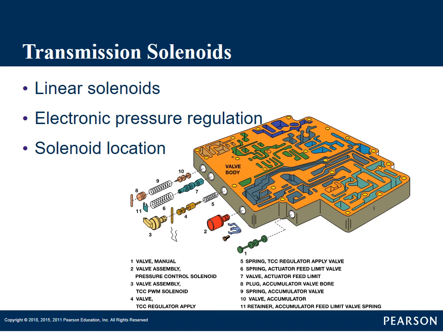We need this hydraulic fluid flow to be correct, properly applied, and properly regulated, to get our shift points where they're supposed to be, and to get our transmission to shift in a way that the customer is pleased with.